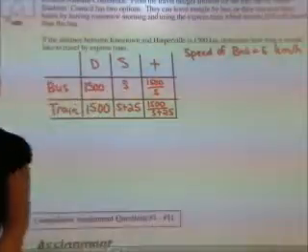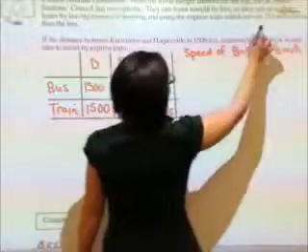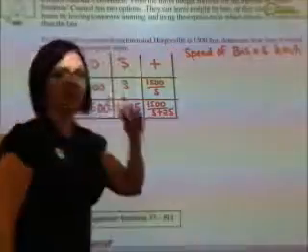Now, what do I know about the time it takes the bus and the time that it takes the train? The bus takes 3 hours longer, because I can save 3 hours if I take the train.